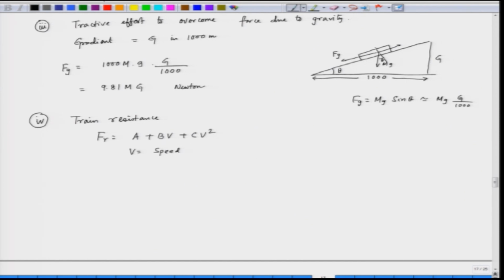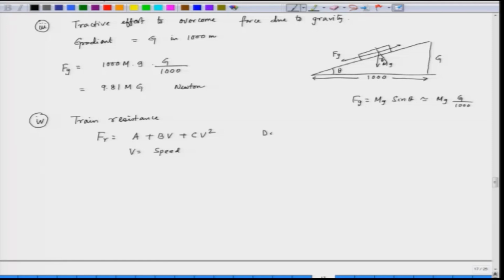So, what we do here, we use an approximate formula. The train resistance is taken as a function of the weight or the mass of the train. The train resistance is usually much smaller compared to the accelerating force of the train. So, we say that it is something like 20 Newton per ton.